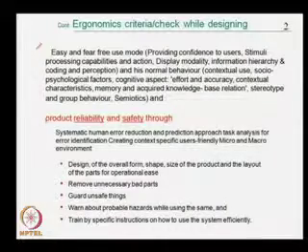Then his normal behavior, that is contextual use, socio-psychological factors, cognitive aspects such as effort and accuracy, contextual characteristics, memory and acquired knowledge based relation have to be considered.